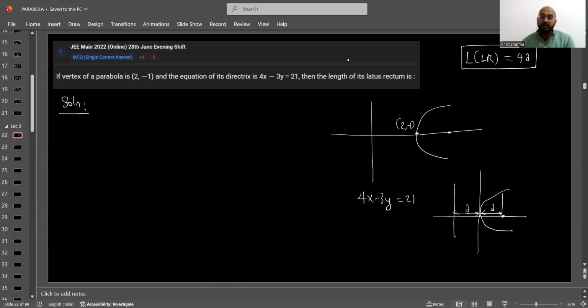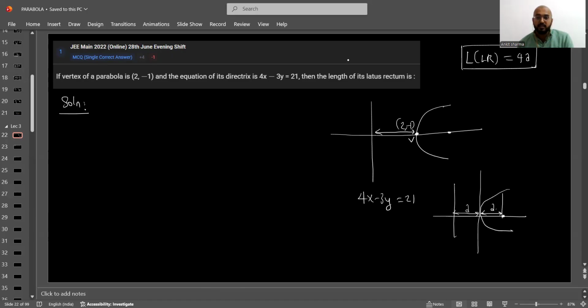That means if I can just find out this distance and multiply this by 4, then I get my length of latus rectum. So all that is required is simply to find the distance of this point from this line. That is, the distance of the vertex from the directrix is 1/4 of the latus rectum basically.